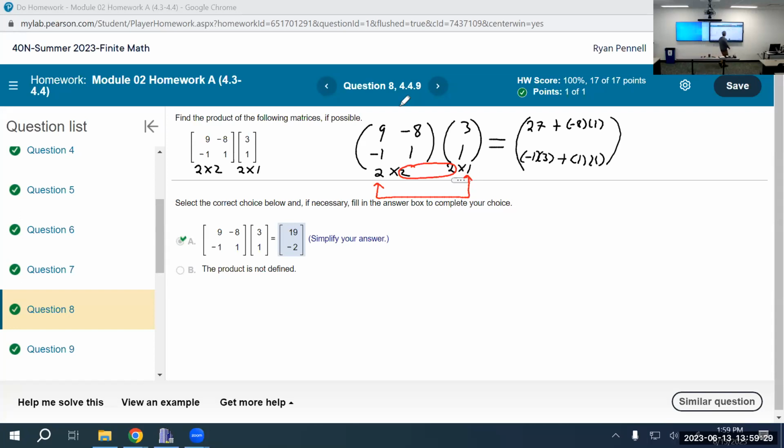So let's put those together and see what we get. 27 minus 8 is 19. -1 times 3 is -3. -3 plus 1 is -2. So I think the product of these two matrices is that matrix.